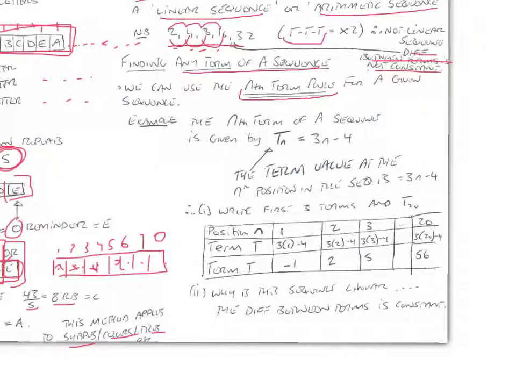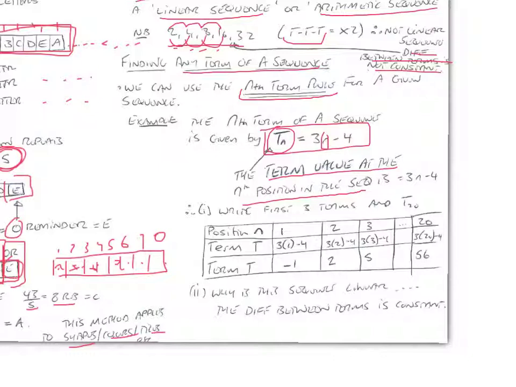But let's say that we're given an example where the nth term of the sequence is given by Tn equals 3n minus 4. So n is the position number in the sequence, and T is the term value. The Tn actually stands for the term value at the nth position in the sequence.